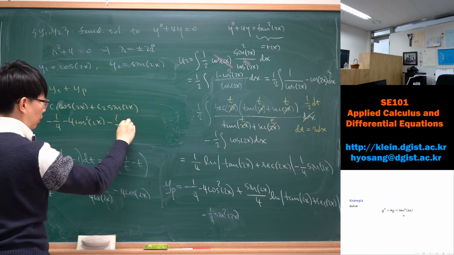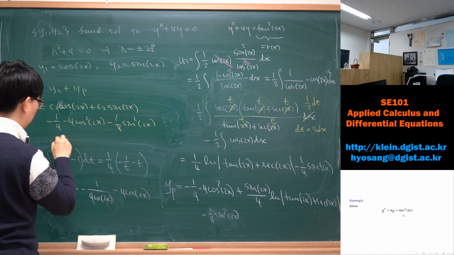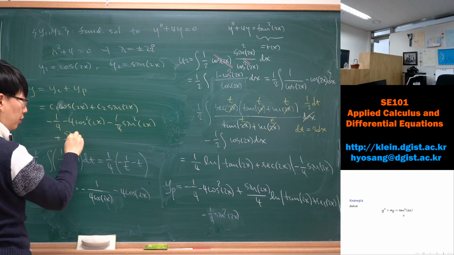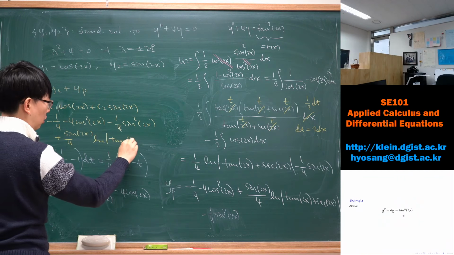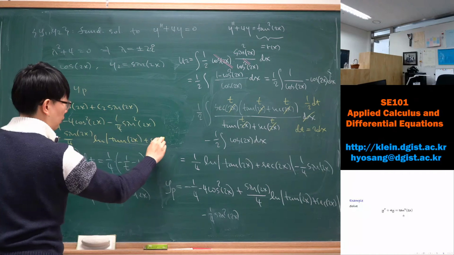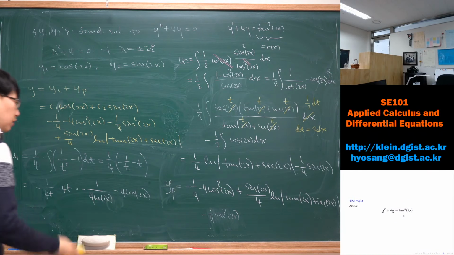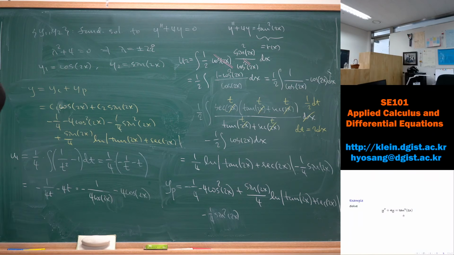We have sine squared 2x plus 1 over sine 2x ln tangent 2x plus secant 2x. And this is our answer.